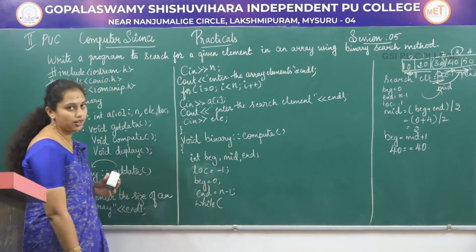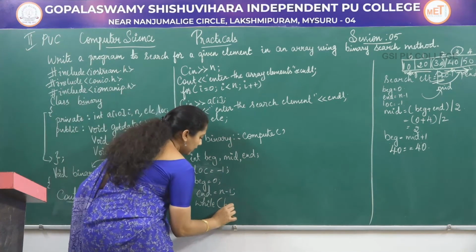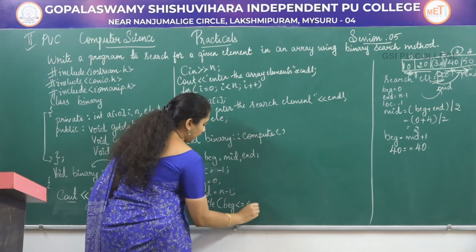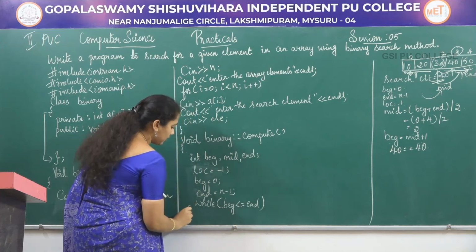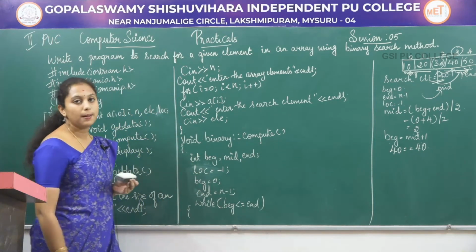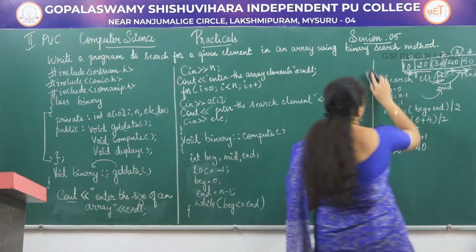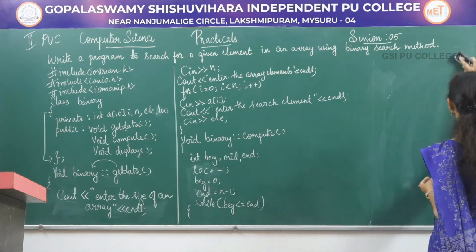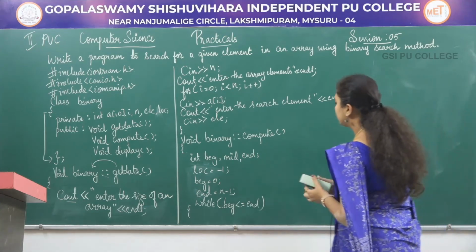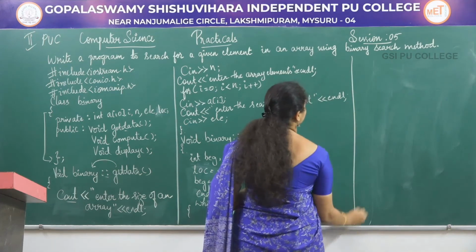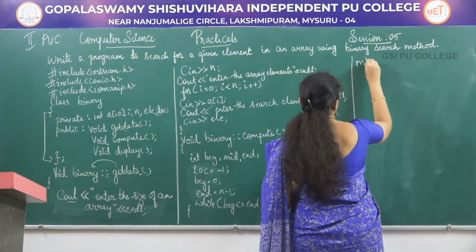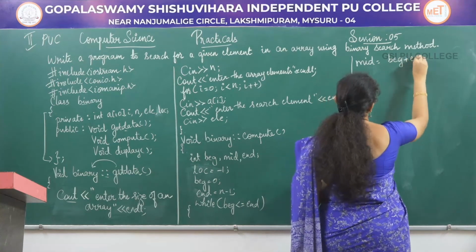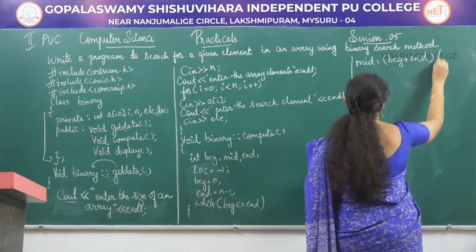While here we are checking beginning is less than or equal to end, then we can find the middle position. How to find the middle position? Middle is equal to beginning plus end by 2.